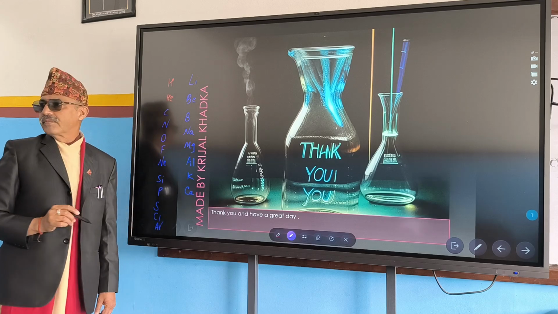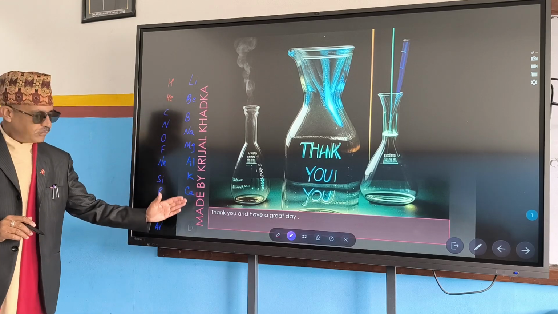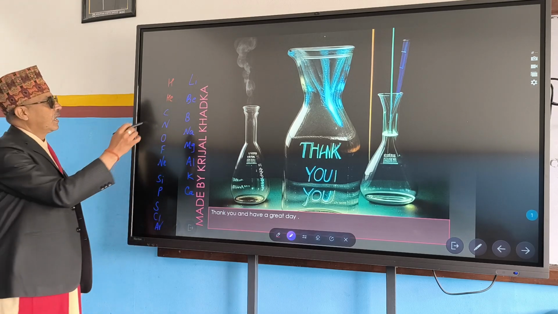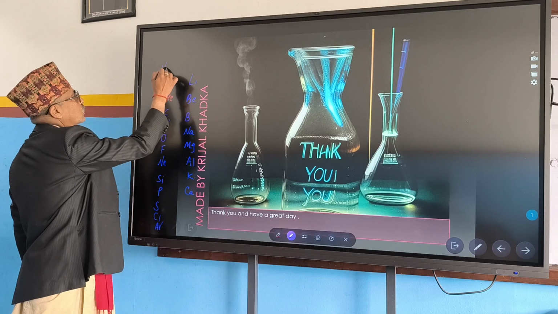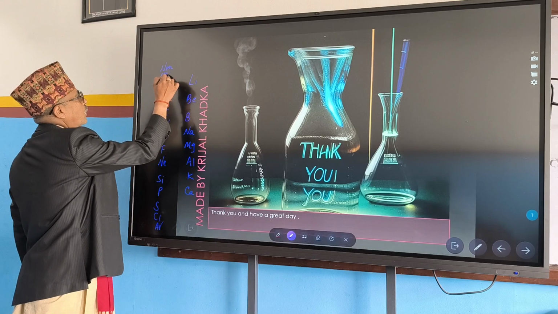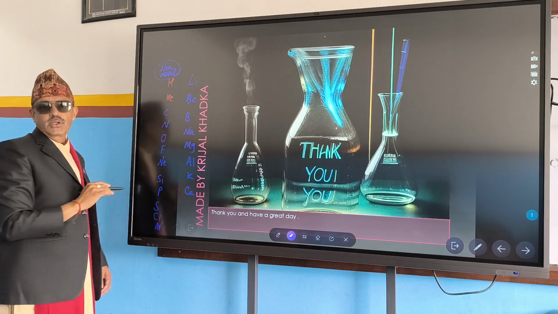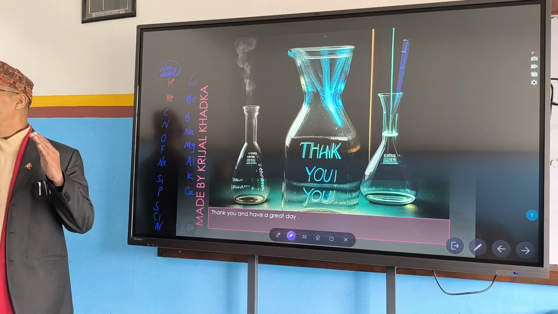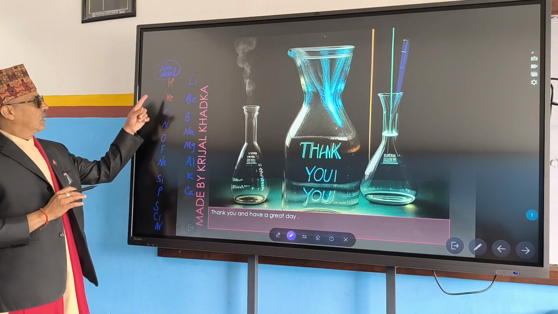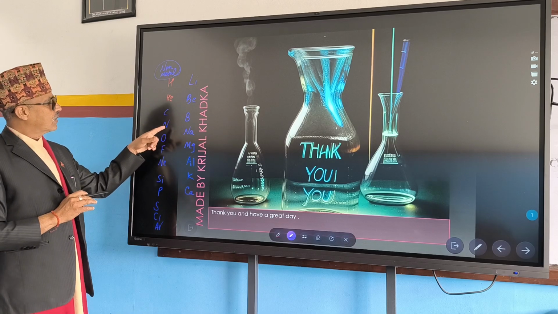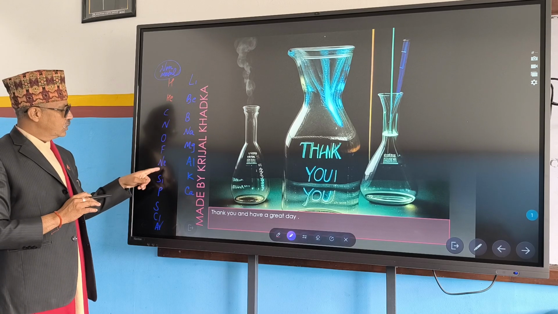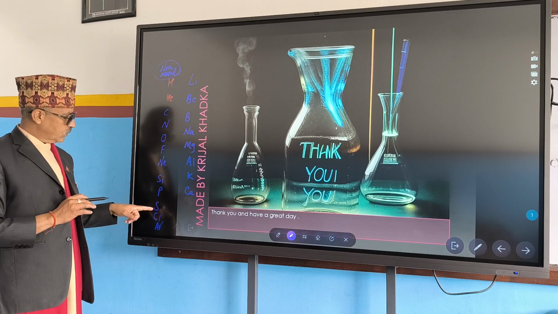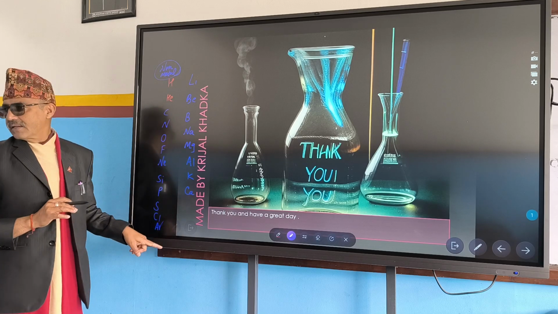Out of the first 20 elements, I have made two groups. This is the group of non-metals. Which are the non-metals in the top 20 elements? Hydrogen, helium, carbon, nitrogen, oxygen, fluorine, neon, silicon, phosphorus, sulfur, chlorine and argon.